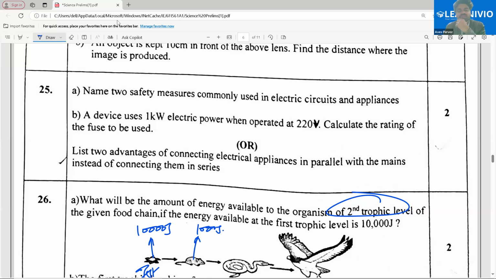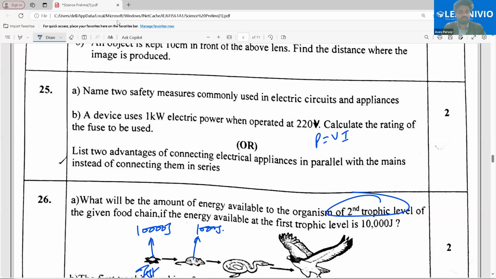You can easily calculate it: P is equal to VI, so I will be equal to P upon V. Divide 1000 by 220. You will get approximately 4 point something, so you will use 5. I knew I couldn't do the A part, so I took the OR question. The B part is simple, you will use P is equal to VI. No, I knew the B part, but I didn't know the A part. That's why. Okay, that is fuse wire, electric fuse.